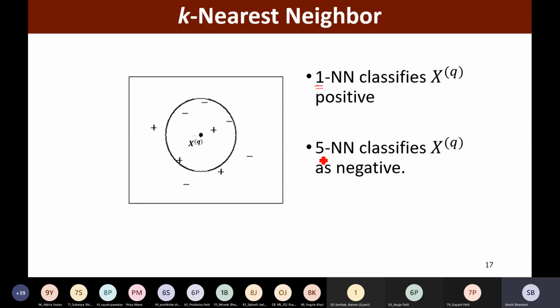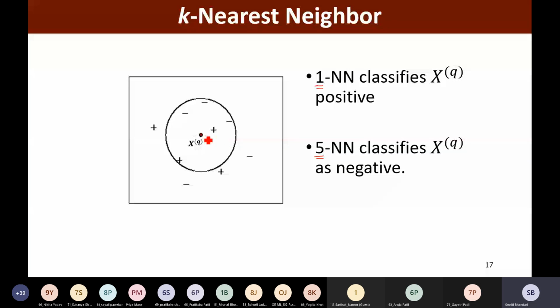Now, if I use 1 NN, then what will happen?